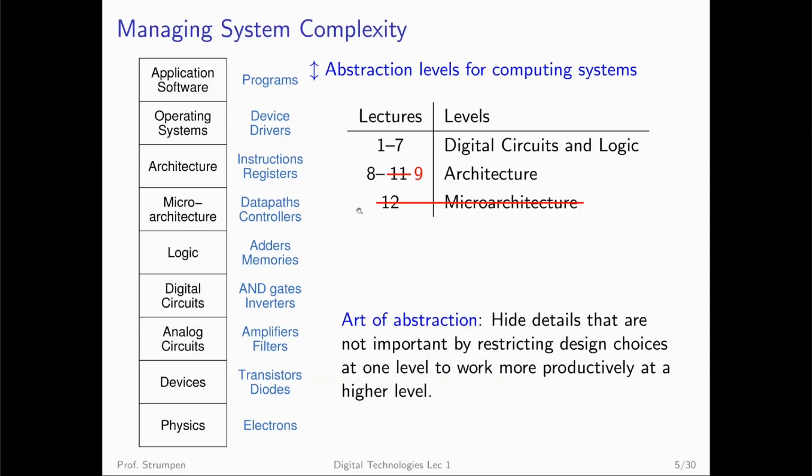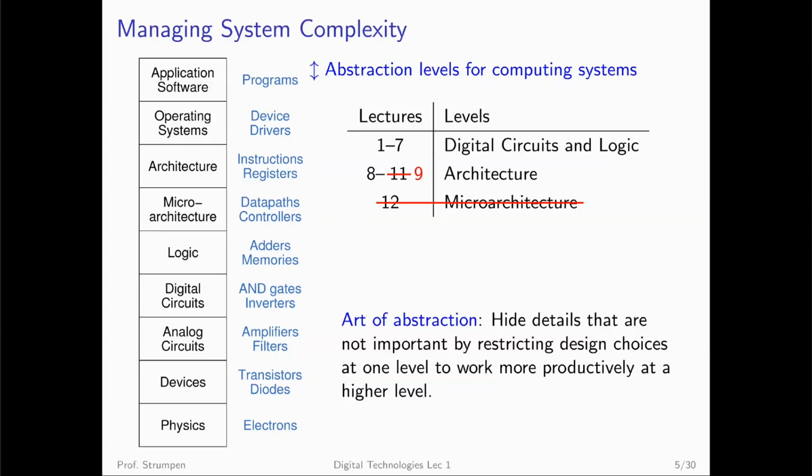Then in the very shortened second part, which now just includes lectures 8 and 9, we're going to look at computer architecture. We're going to look at how instructions and registers, visible hardware elements to the programmer, are actually being used from the software programmer side.